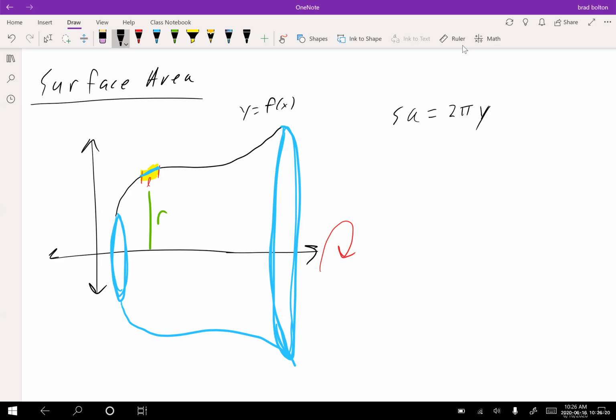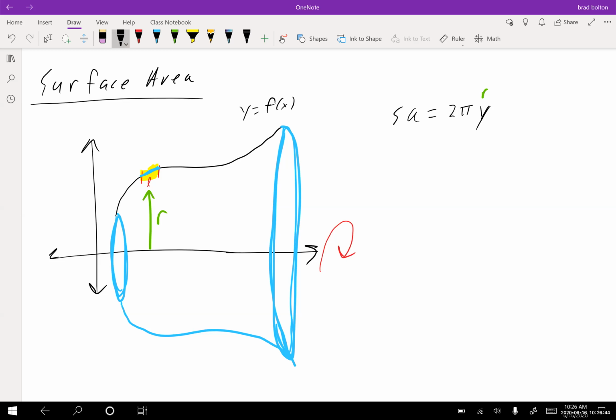Because the radius from here to here, if we're going all the way up to the blue line up there, this distance will always be y equals f of x. It will always be the height at any given time on that curve. So this is our radius right there, okay?